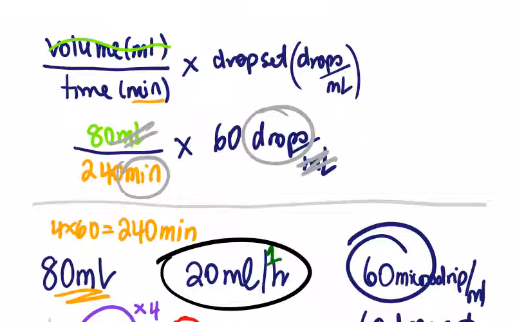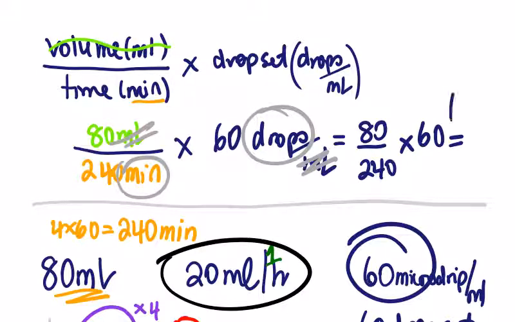If we want to do it in the order, we'll just get the numbers out here. 80 divided by 240 multiplied by 60. The order won't matter because it's just multiplication and division. So 80 divided by 240 times 60, we get 20. Let's go up here. 20 what?